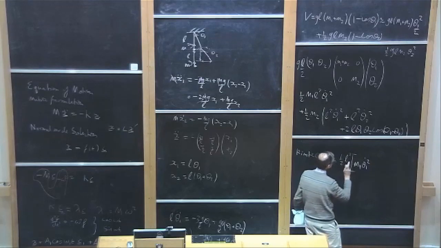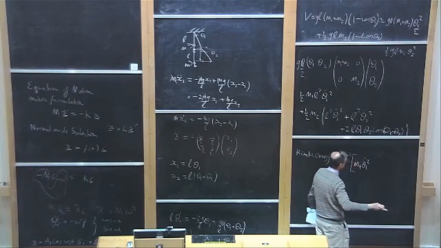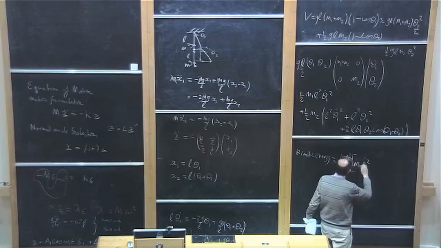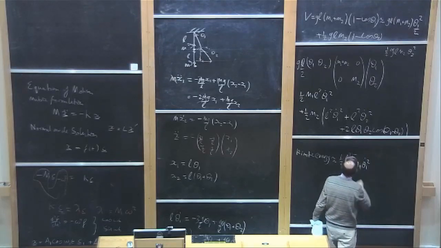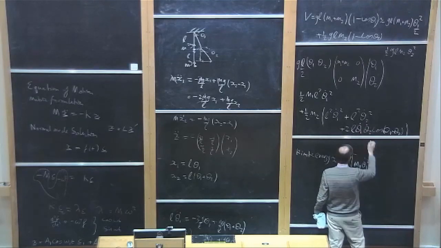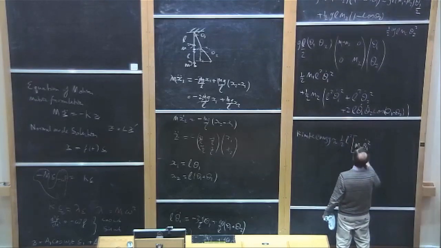If we went to the next order of approximation, we'd have a thing quadratic in theta, but we've already got stuff quadratic in theta dot, so we don't want that. These are dots, by the way, in case you can't see them.